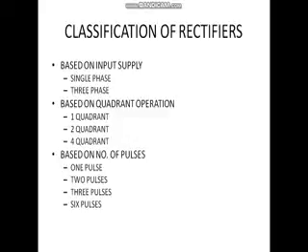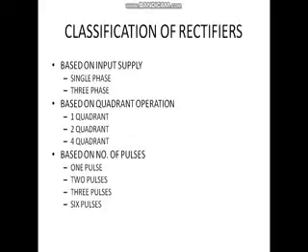Rectifiers are classified based on three categories: one is based on input supply, second based on quadrant operation, and third based on number of pulses. Based on input supply, it is classified into single phase rectifier and three phase rectifier. Based on quadrant operation, it is classified into first quadrant converter or semi converter, second quadrant converter or full converter, fourth quadrant converter or dual converter.